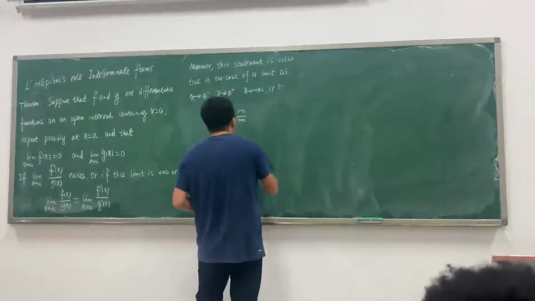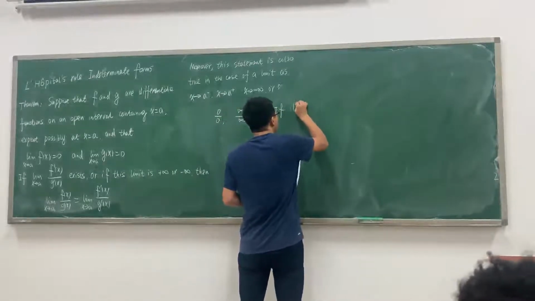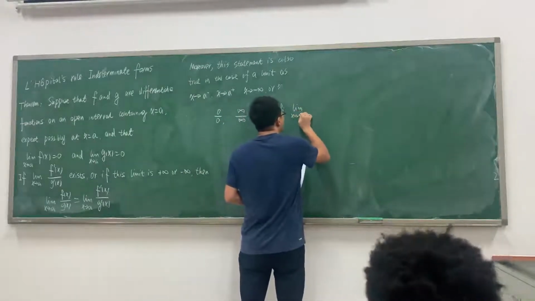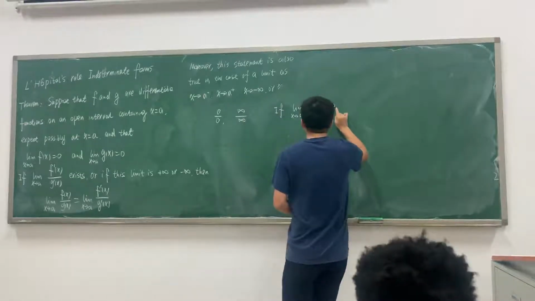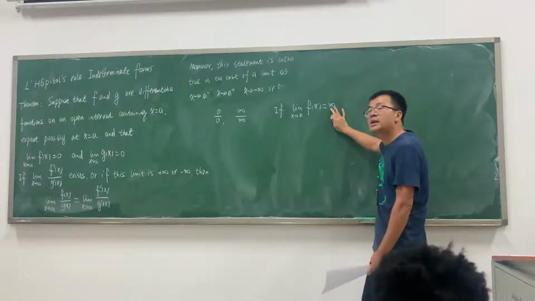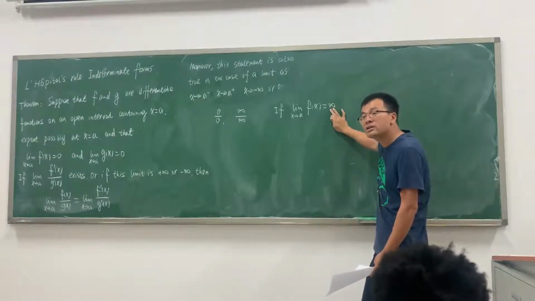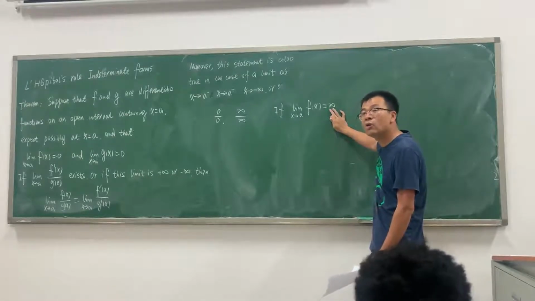We have a question. If the limit as x approaches a of f(x) approaches infinity, okay? Approaches infinity. So here this is infinity. This infinity means here can be plus infinity or minus infinity.